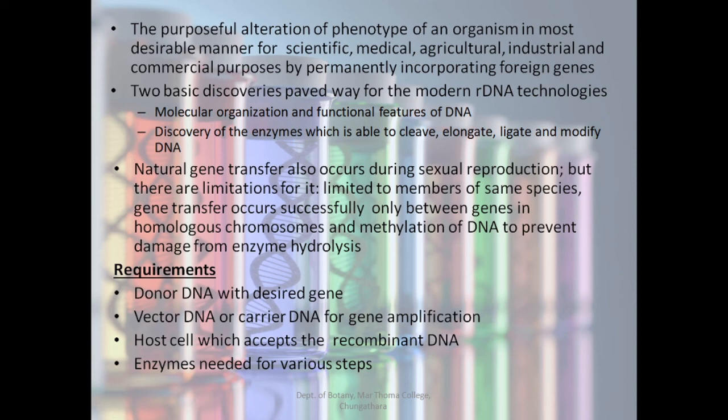So the parental or host genome, or the donor DNA, which is the desired DNA, is to be understood properly. The second one is a vector DNA or a carrier DNA which carries this desired gene to the target for gene amplification. So the vector DNA is also important, which carries out the amplification and the cloning process.